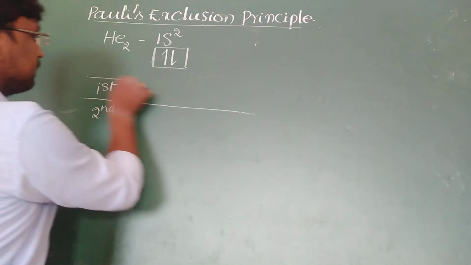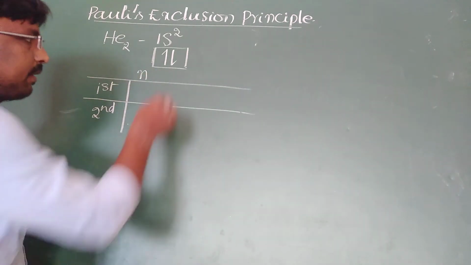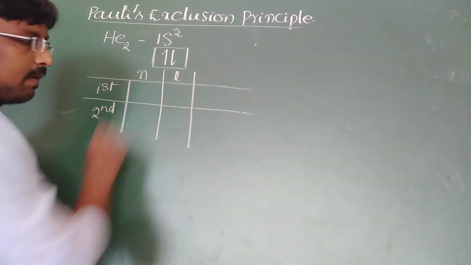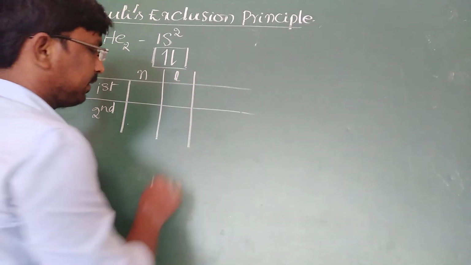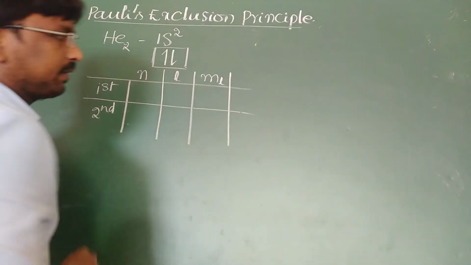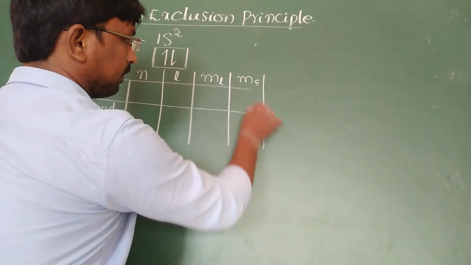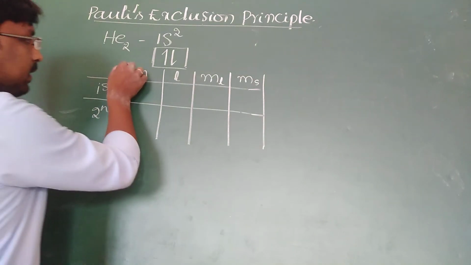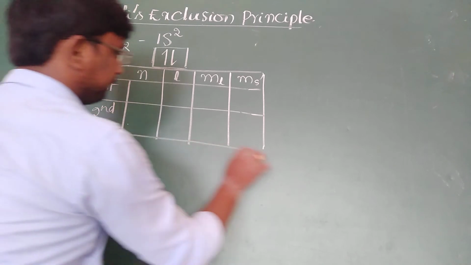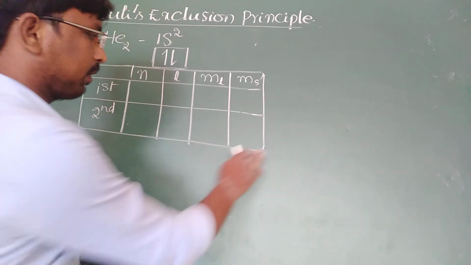Here n is the principal quantum number, l is the angular momentum or azimuthal quantum number, ml is the magnetic quantum number, and ms is the spin quantum number. These are the four quantum numbers.